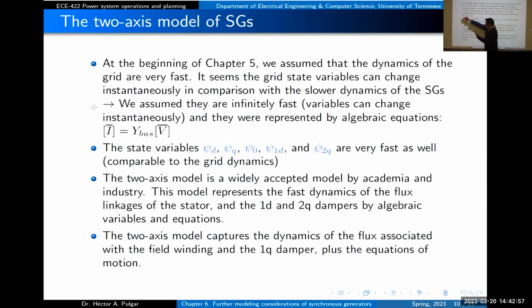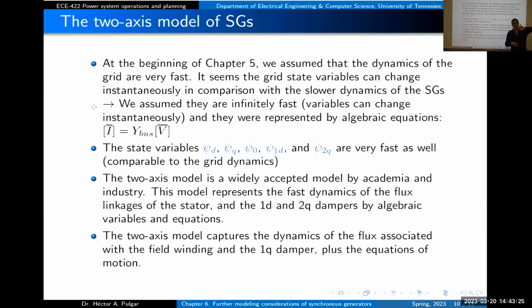At the beginning of today's class, I described this again. We're assuming that the dynamics of the grid are fast enough. We can neglect the energy stored in the grid and assume that the model we have is algebraic, and that was the representation. A similar thing we will do with the dynamics involved with these variables, and we will obtain a combined model.